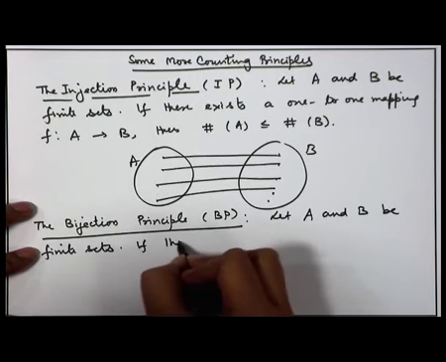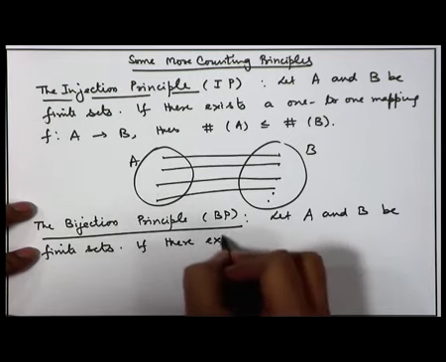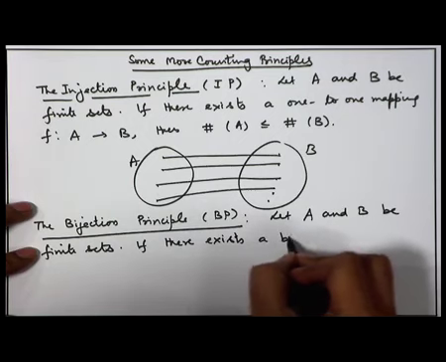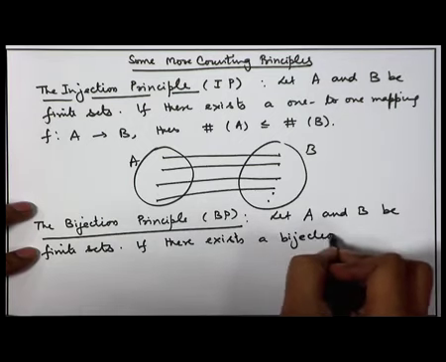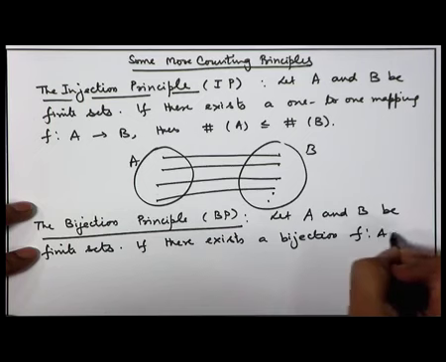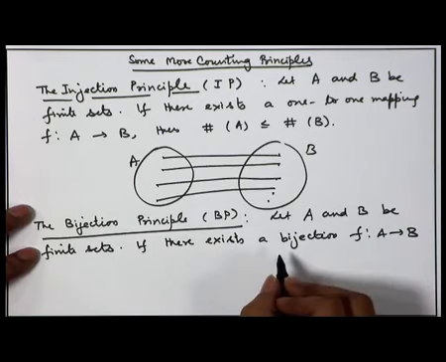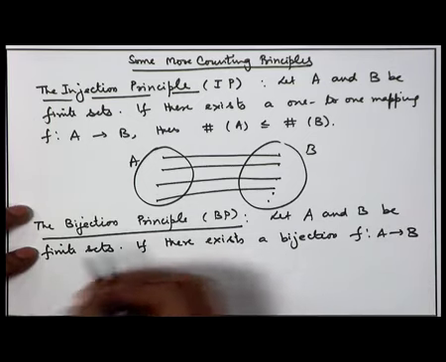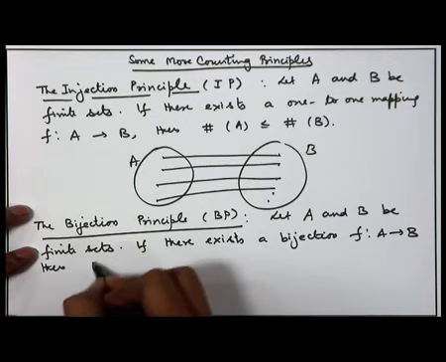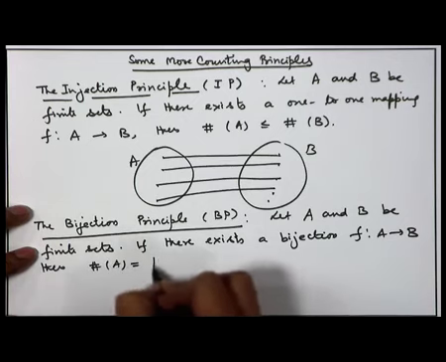If there exists a bijection f from A to B, that means a one-to-one and onto mapping, then the cardinality of A is the same as the cardinality of B.